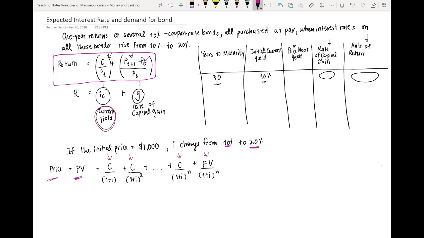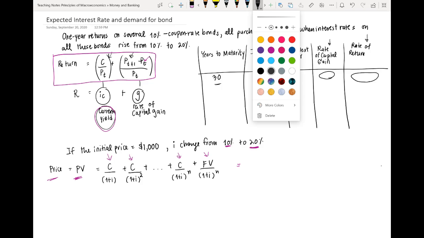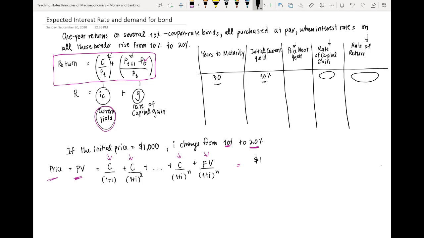Okay, so 1 year from now, what the price will be for this bond? So you're gonna get $100. This is 1 year from now. You already hold this bond for 1 year, right? So what you have left is 29 years to maturity. You're gonna hold that another 29 years.